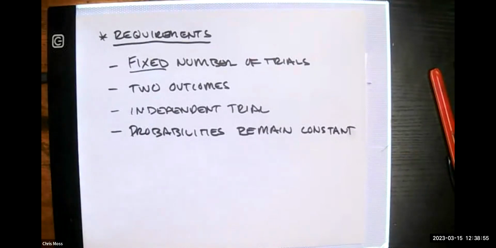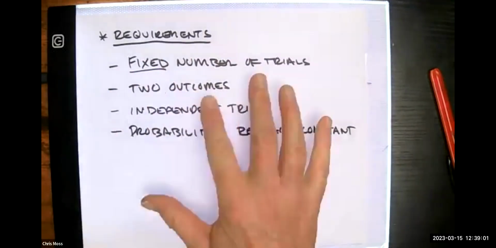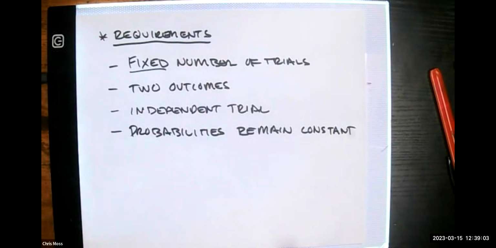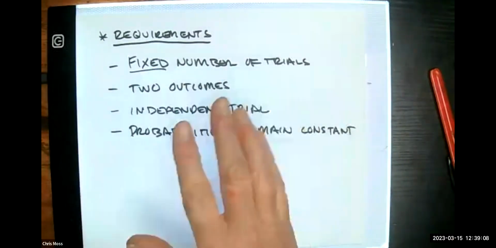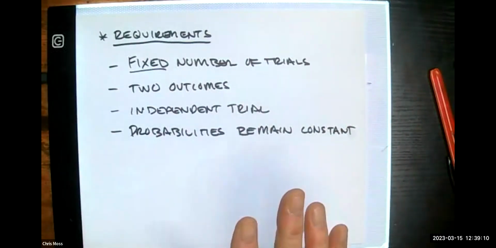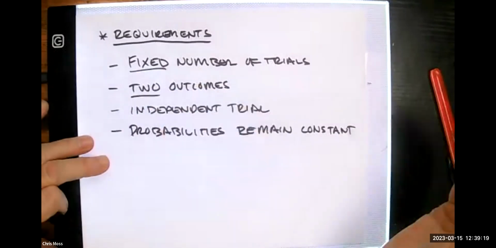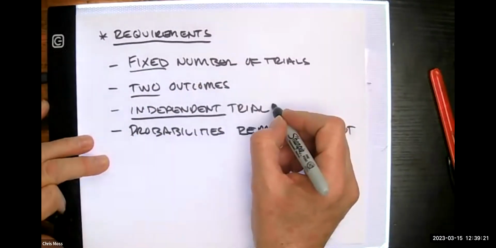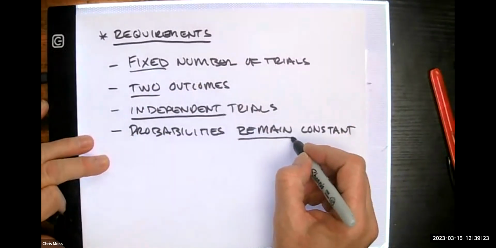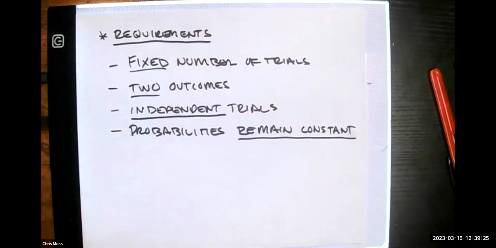So those are 4 requirements that we need for a binomial distribution. If any one of those requirements is not met, you do not have a binomial distribution. By the way, that doesn't mean there are no tools or whatever the case might be, but for an elementary stat class, we start with the binomial distribution, and it needs to have a fixed number of trials, 2 outcomes, independent trials, and probabilities need to remain constant.